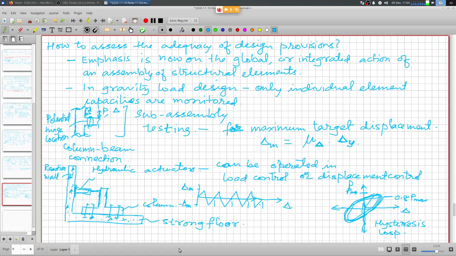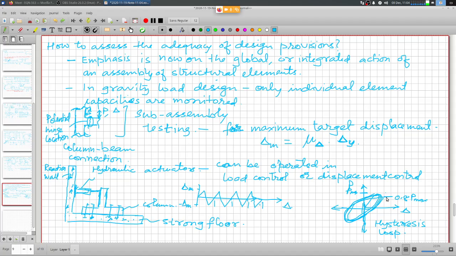If this is achieved, then we would assume that adequate resistance is there, and the structure will be able to withstand the target displacements with adequate safety margin.